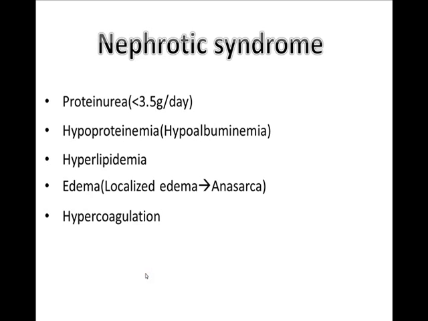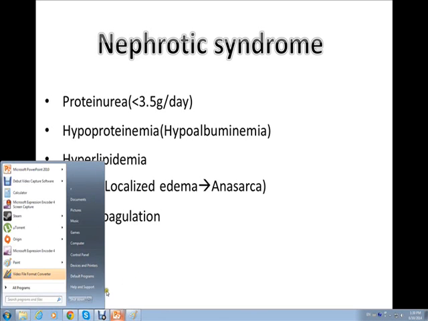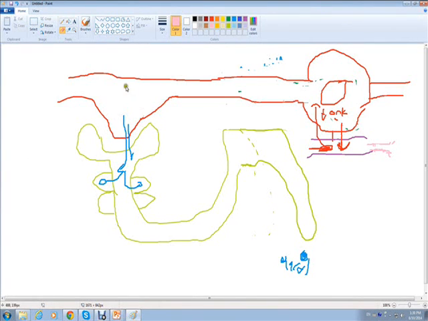Hypercoagulation. Why does hypercoagulation occur? Hypercoagulation occurs because along with all this, due to the glomerular injury, antithrombin 3 gets filtered.